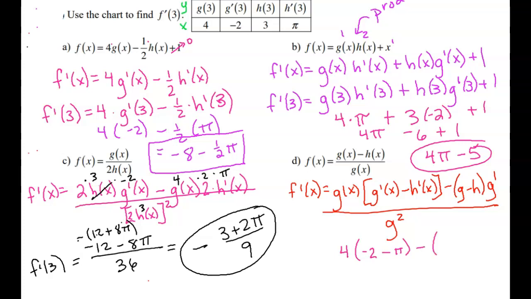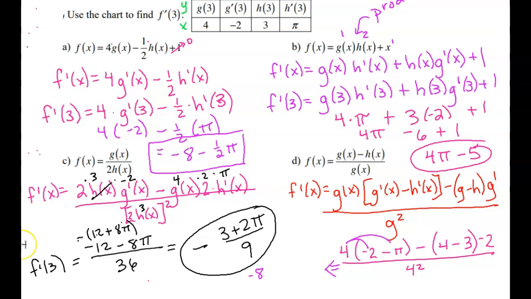Minus G, h times G prime all over low squared. So G squared. Okay, so I'm going to put it over here.